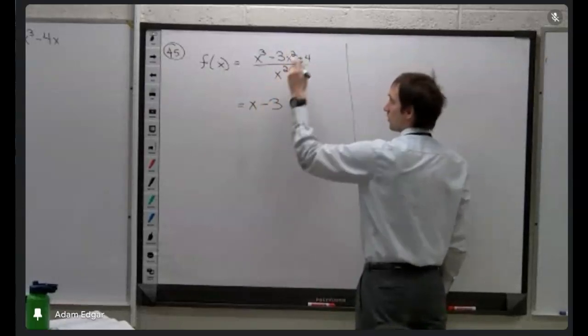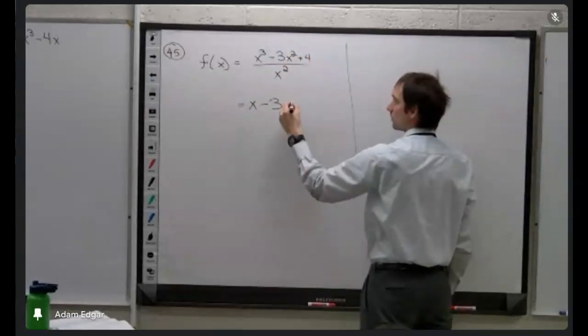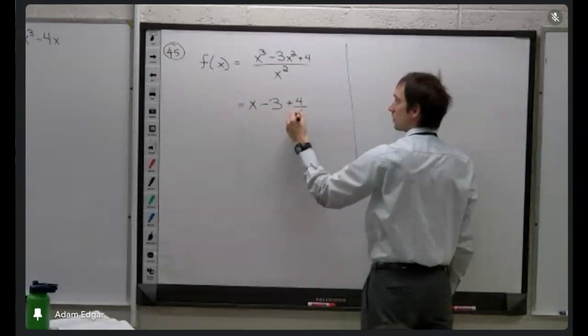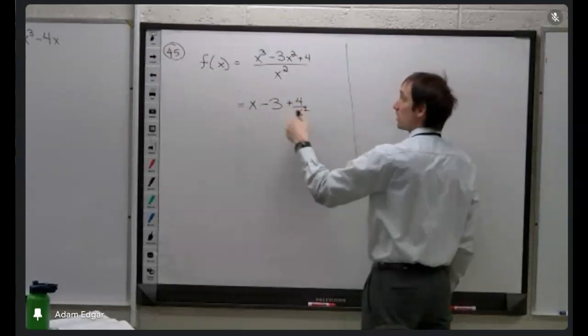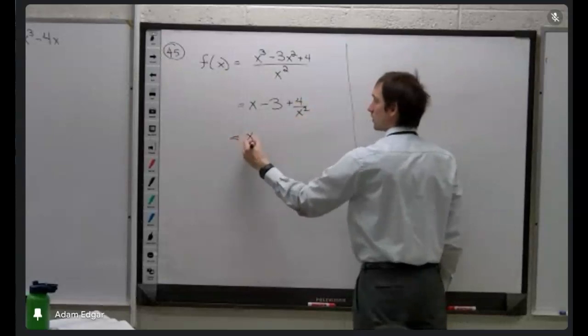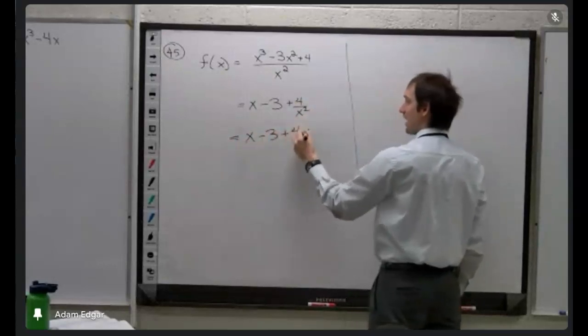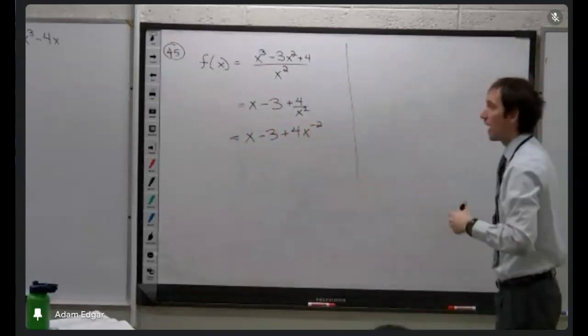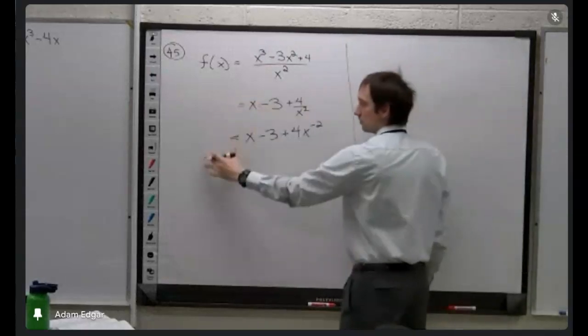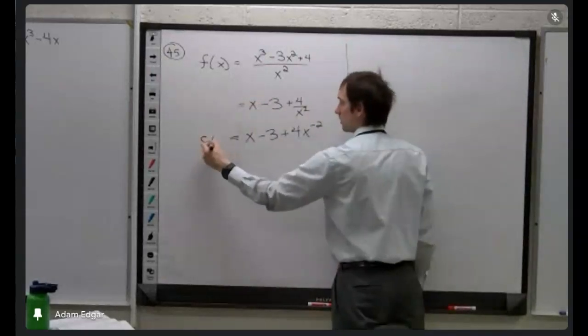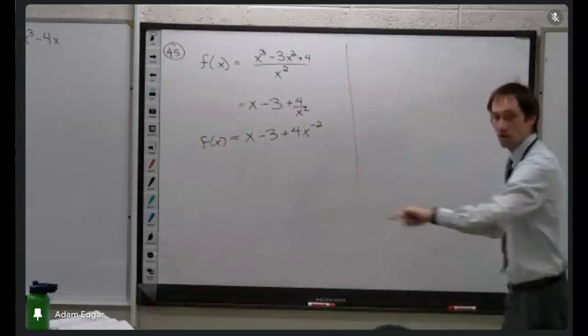And what's 4 divided by x squared? 4 over x squared. And then we could rewrite this last term as 4 times x to the negative second. What's this thing's label? Still f of x. And now you can differentiate using power rule.